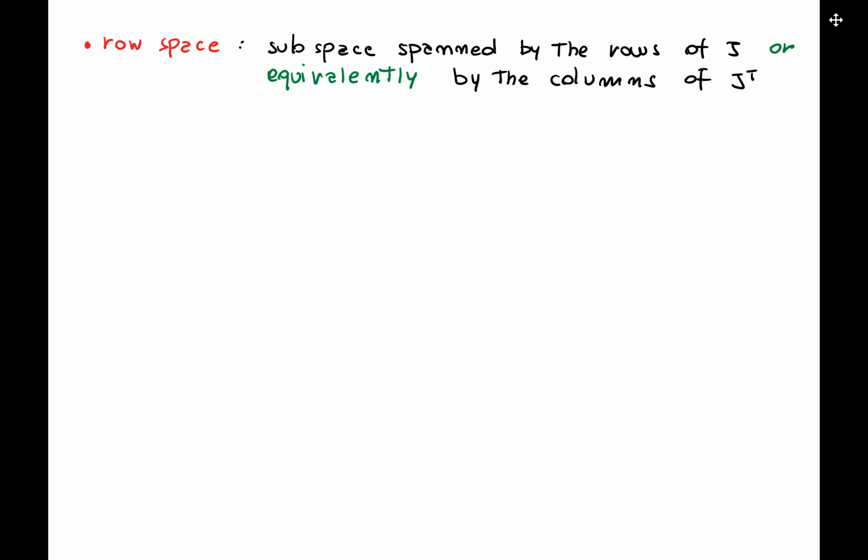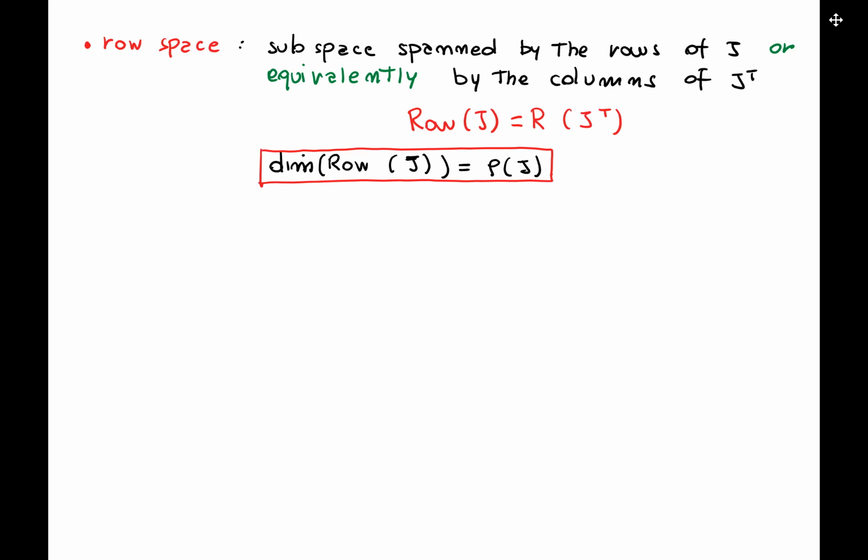A property is that the row space of J is equal to the range space, or the column space, of J transpose. And again, as in the case of the range space, the dimension of the row space is the rank.